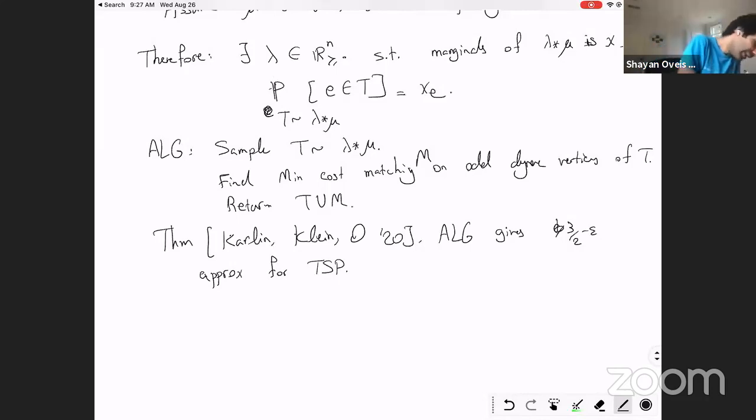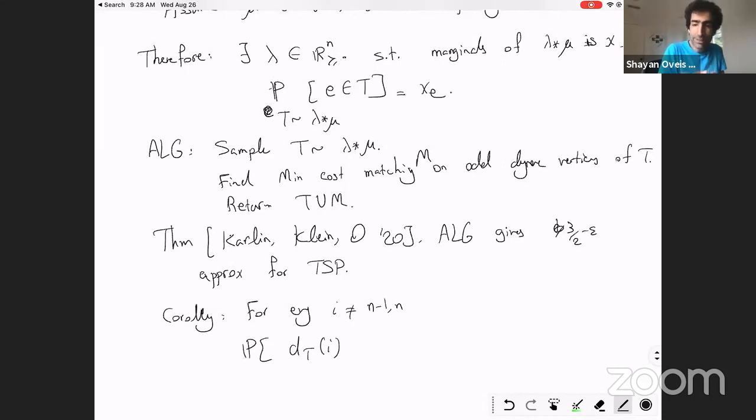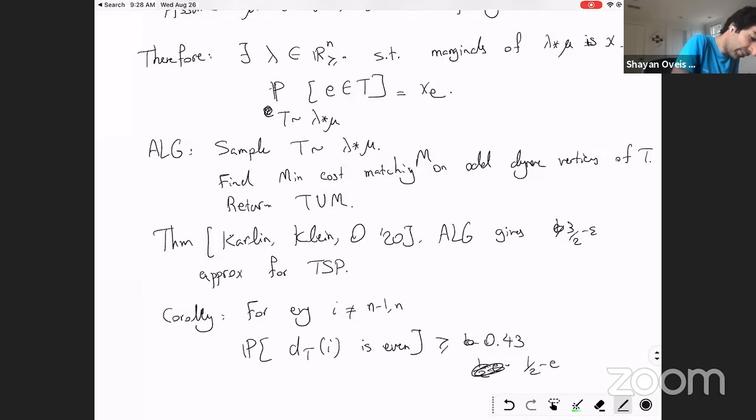So in particular, one simple corollary is that for every I not equal to n-1 and n, the probability that d_T of I, the degree of vertex I in the spanning tree T, is even is at least about 1/2 minus e to the minus 2.